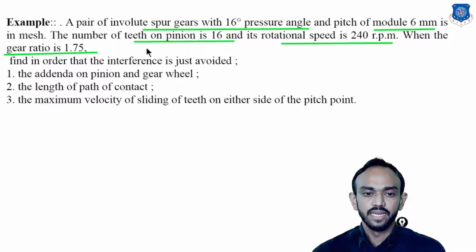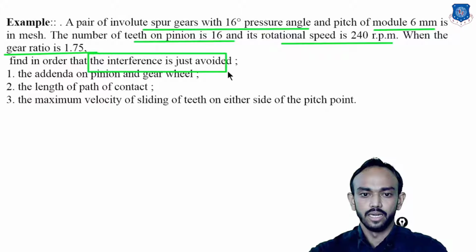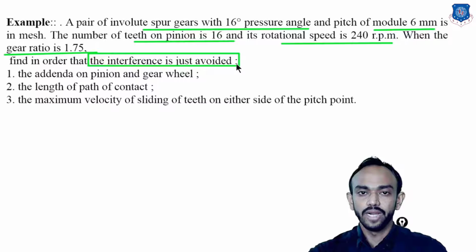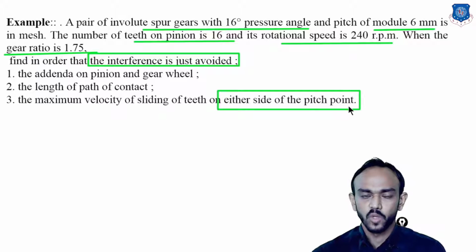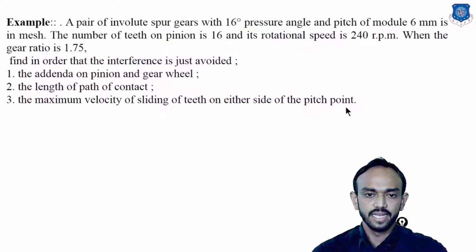In order that interference is just avoided, find the addenda on the pinion and gear wheel, the length of the path of contact, and the velocity of sliding of the teeth on each side of the pitch point. So these three things are asked.